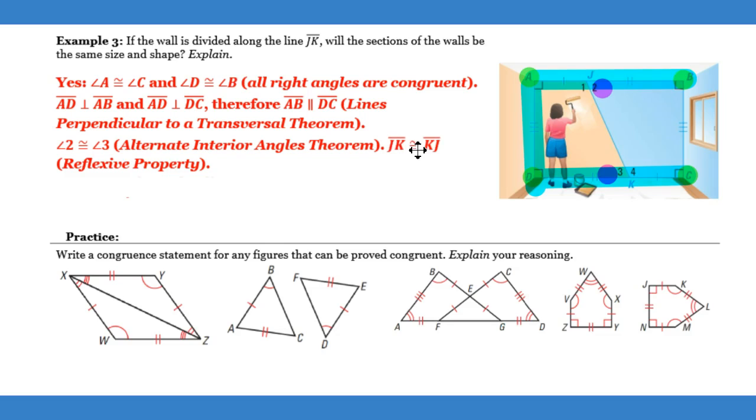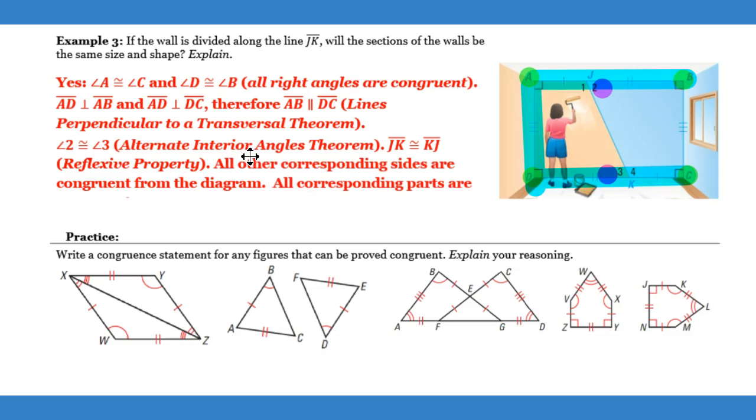And then I know that this line JK is congruent to itself because of the reflexive property. All other corresponding sides are congruent because the diagram told us so. So since all of my parts are congruent, those two shapes are going to be congruent.